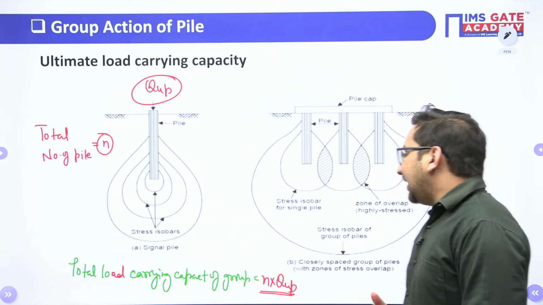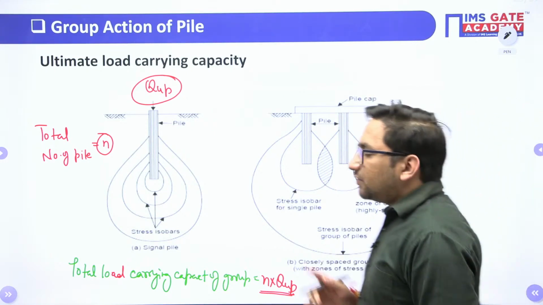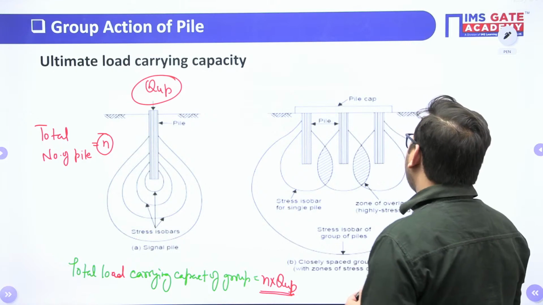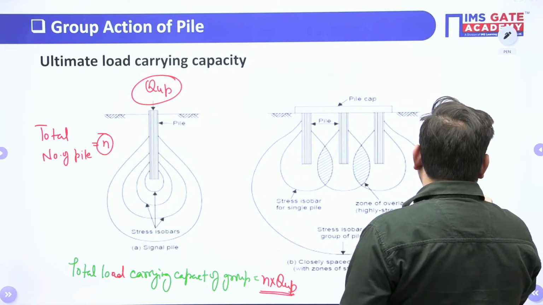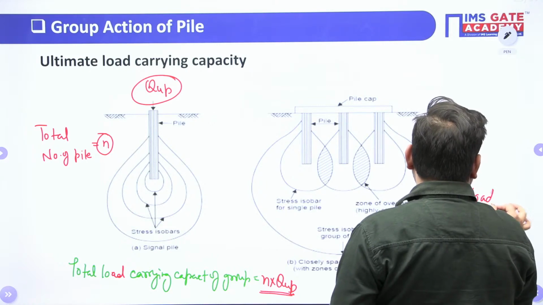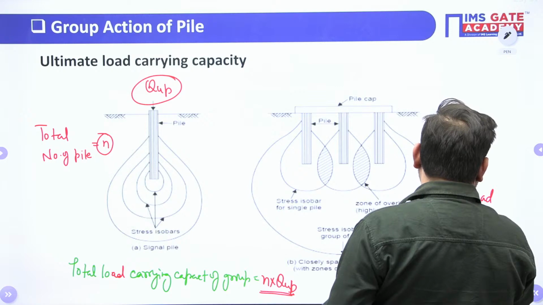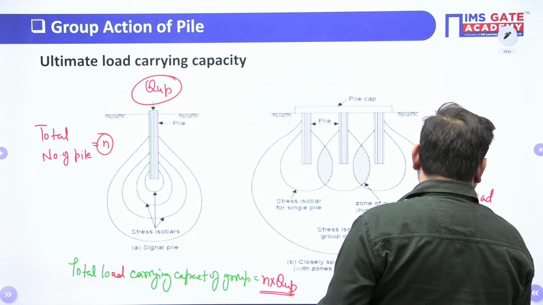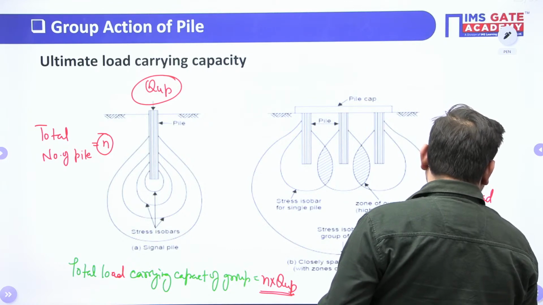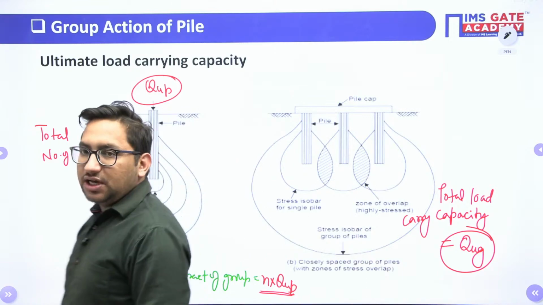Clear? Whereas if we are taking all the piles as one unit, there will be a different load carrying capacity. Let's suppose that load carrying capacity is QUG, the total load carrying capacity when you are taking all the piles as a single unit.